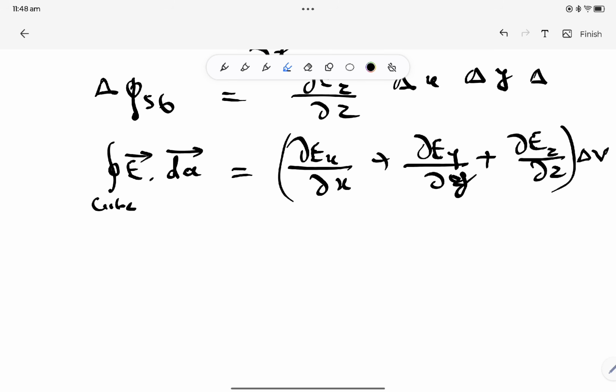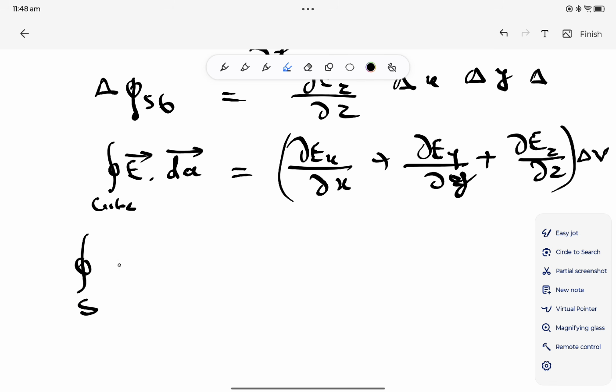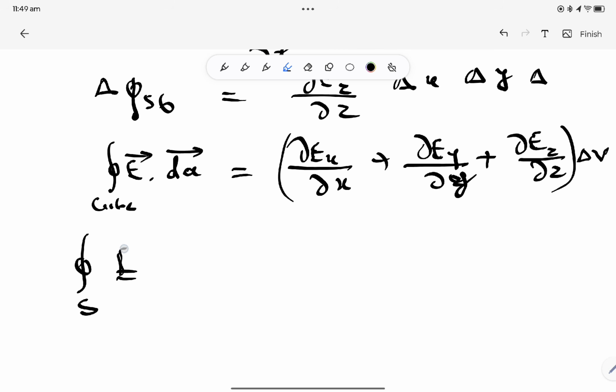Now, if you want the total flux through the surface S, that will be the integral of E dot dA.